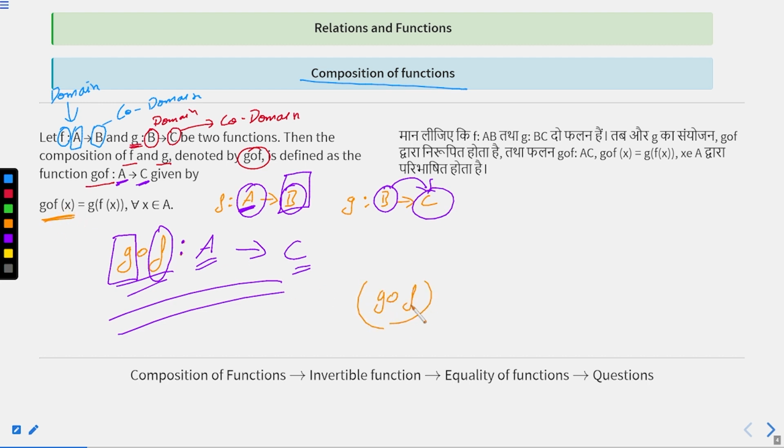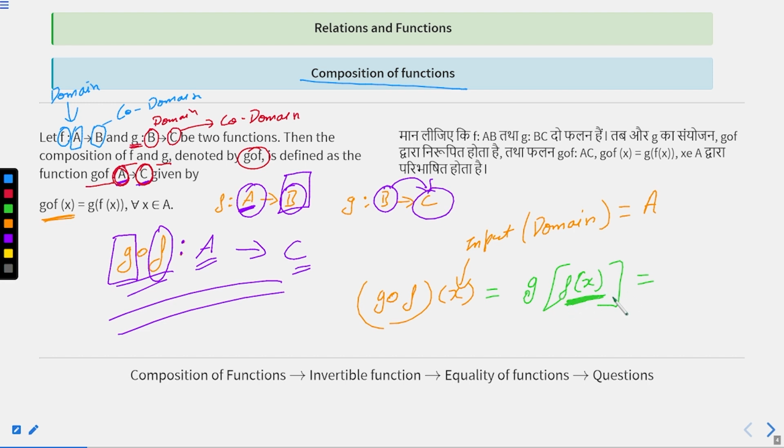This means that for this function gof, the input or the domain is A, this set is my domain, and codomain is C. So what this means is that first of all f operates on x, and then whatever f of x gives me as the output, then g operates on it.